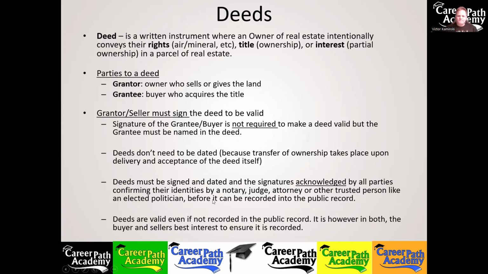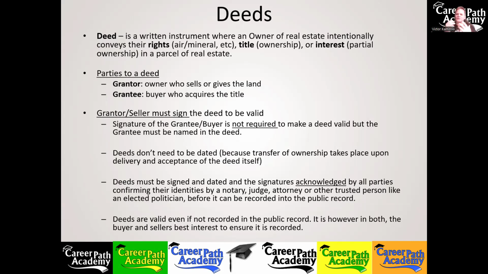What is an acknowledgement? An acknowledgement confirms that the people who are signing the document are, in fact, who they say they are, to prevent forgeries. Basically, somebody acts as a witness of your signature, which could be a notary, judge, attorney, or other trusted person, like an elected politician, before it can be recorded into the public record.